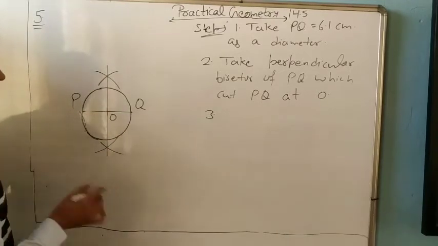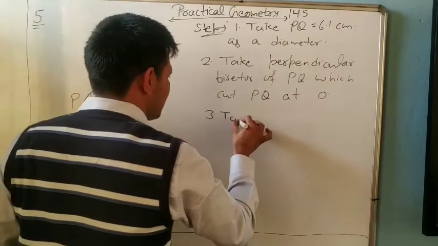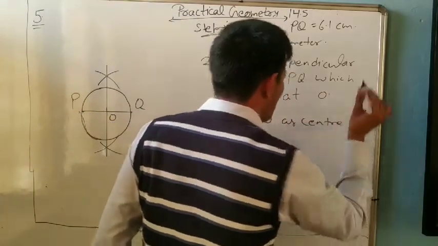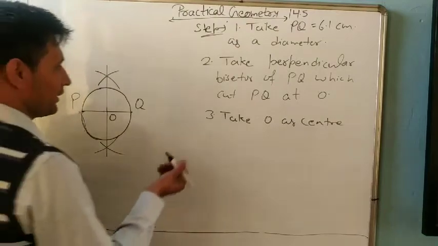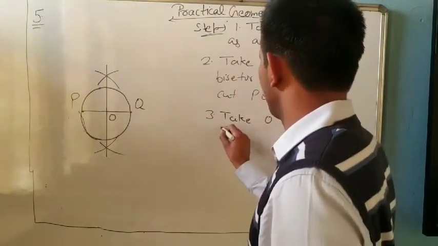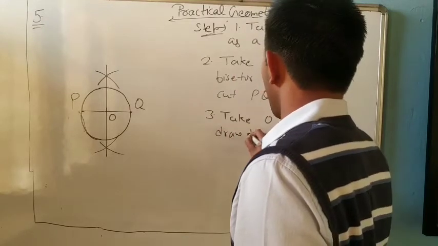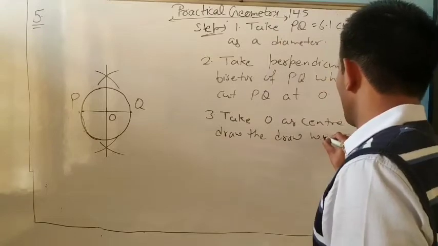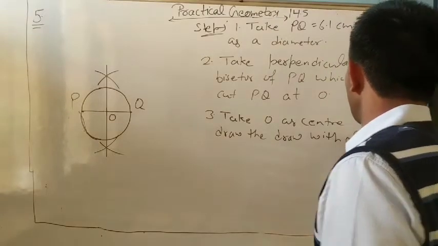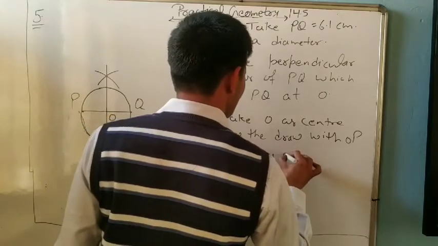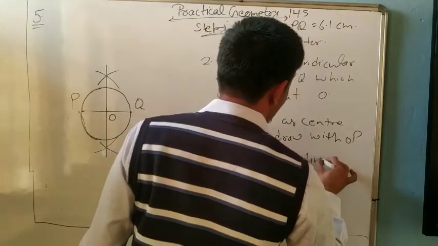Understand? So the third step is: take O as center and draw the circle with OP or OQ as radius.